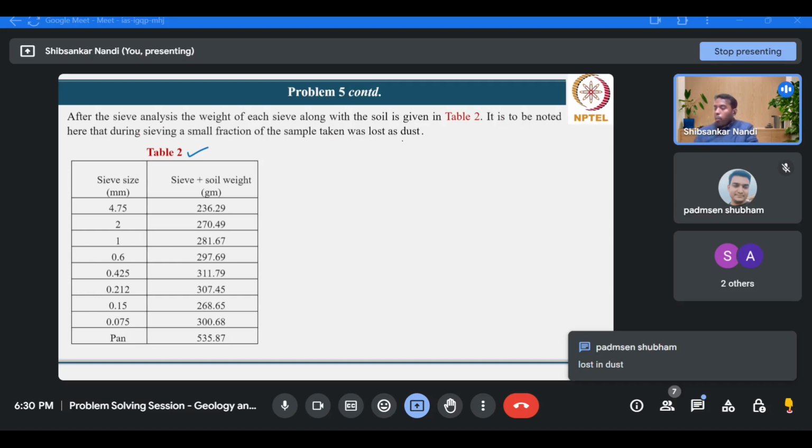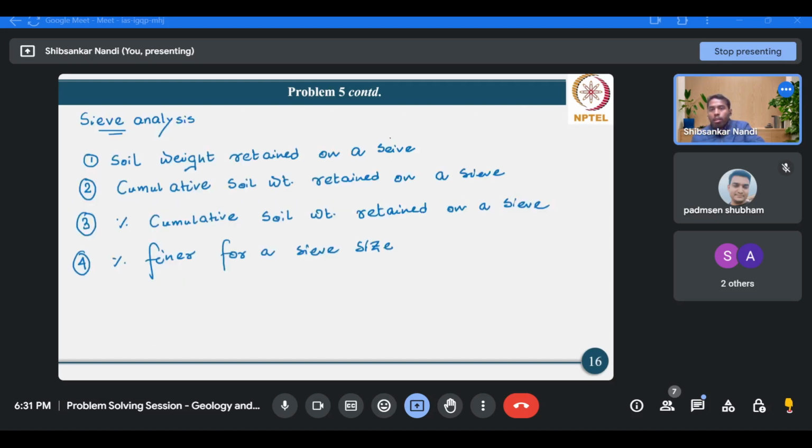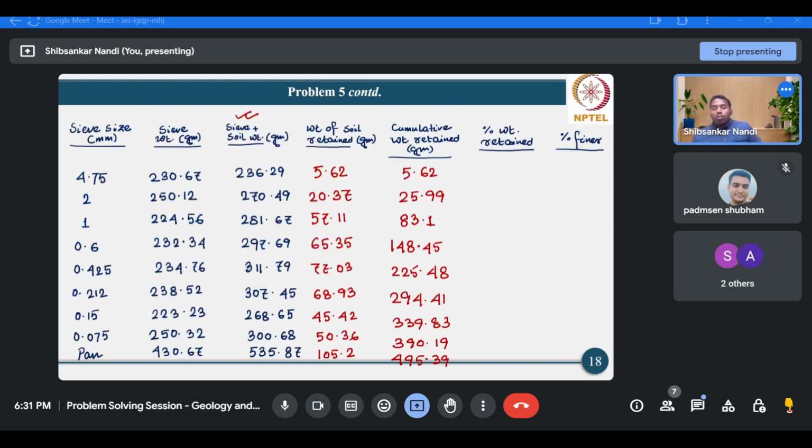Okay, so this is the possible reason behind this kind of discrepancy, that a small fraction was lost as dust, and that weight we cannot reflect in the actual readings which we have taken from the analysis. Okay, so therefore we have got the weight of soil retained, and we have got the cumulative weight of soil retained for each sieve which is used in this analysis.